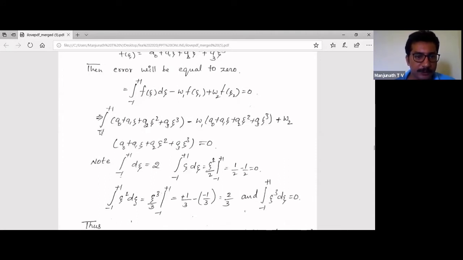So the integral of -1 to +1 of a0 plus a1 zeta plus a2 zeta square plus a3 zeta cube, minus w1 times, again substituting the f of zeta values in terms of zeta 1, as it is, plus w2 times f of zeta values again as a0 plus a1 zeta plus a2 zeta square plus a3 zeta cube, which is equal to 0.